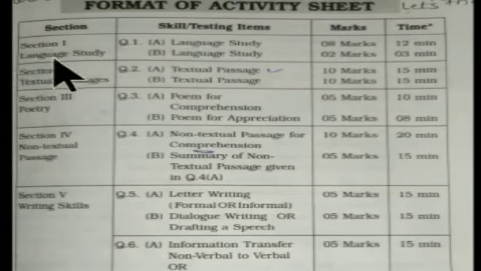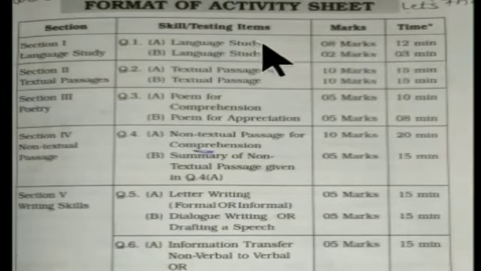Section first, language study. The language study section is divided into 2 parts, question number 1A and question number 1B. Question number 1A, language study, is for 8 marks and you have to attempt this question in 12 minutes.